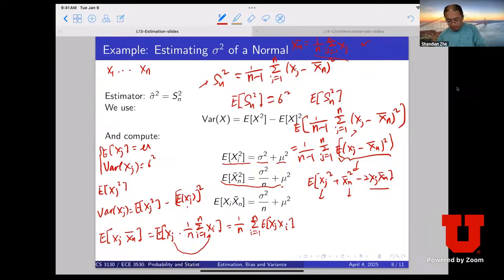So here, there's one interesting observation. What if i is not j? So i and j are not equal to each other.